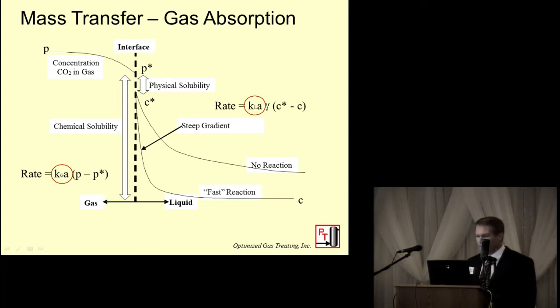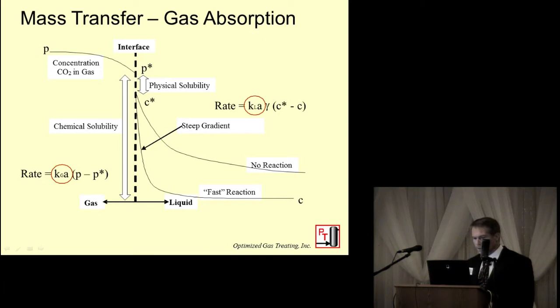And so at the interface, the gas dissolves into water or the solvent. I'm showing that as the physical solubility component. And if there's no reaction, then the dissolved gas diffuses out into the bulk liquid here.